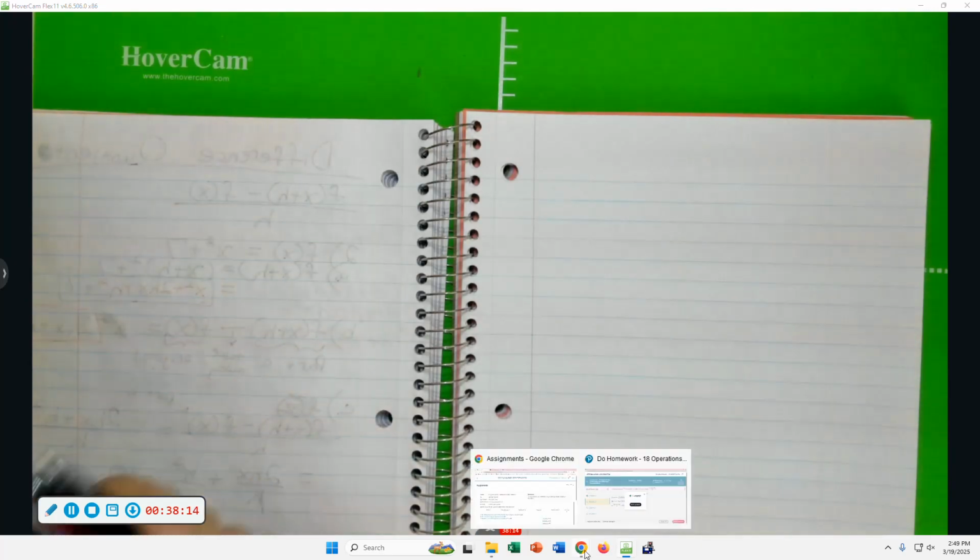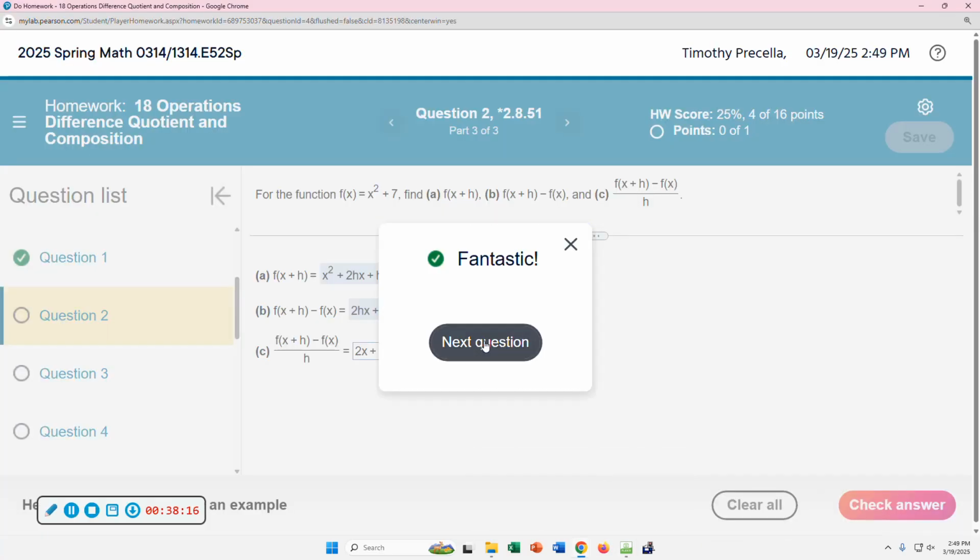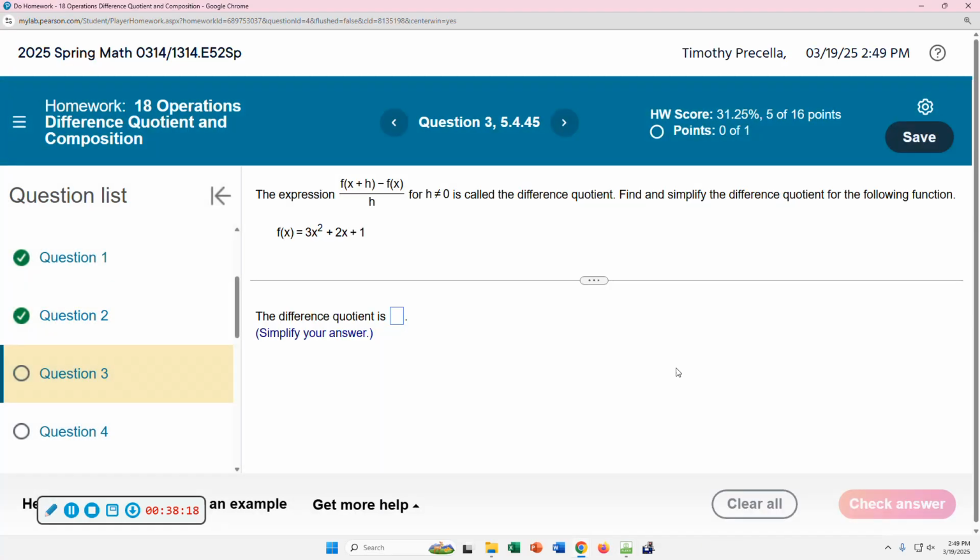And then I'm going to try to do it a little shorter. This is number 3. Oh, they give us, okay. F of x is equal to 3x squared plus 2x plus 1.